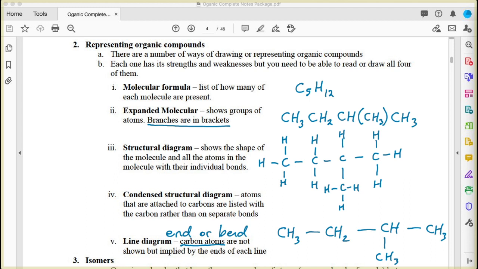So the line diagram for this molecule would simply look like this. And that's it. So we would assume that every time there was an end or a bend, so here's an end, and here's an end, and a bend here and here, each of those points are carbons. We don't show them, we don't list them, but they're implied to be carbons.